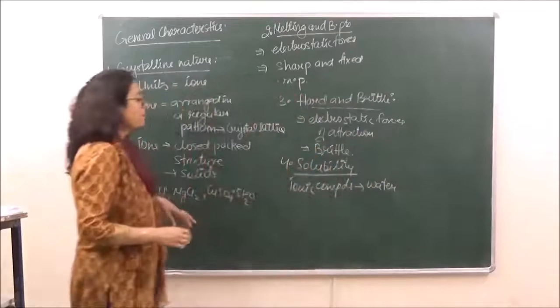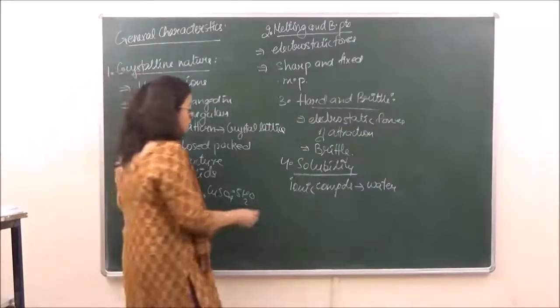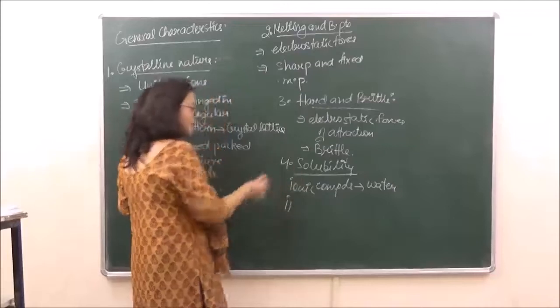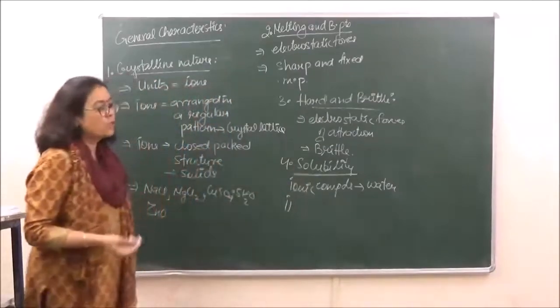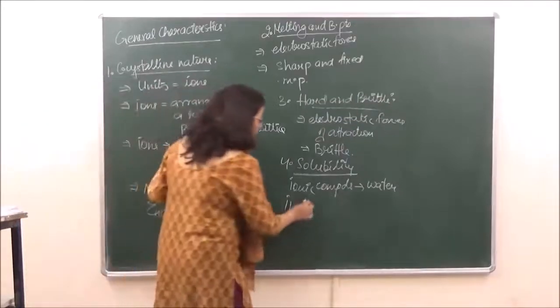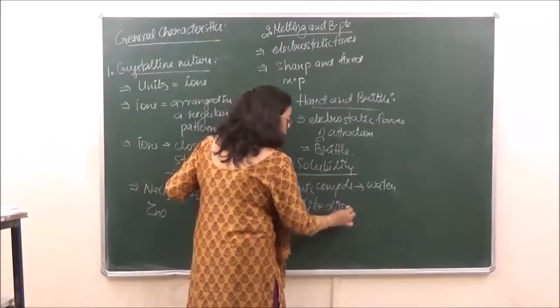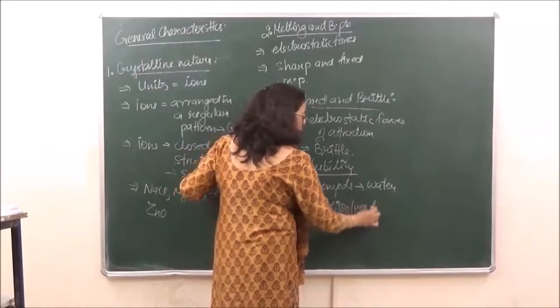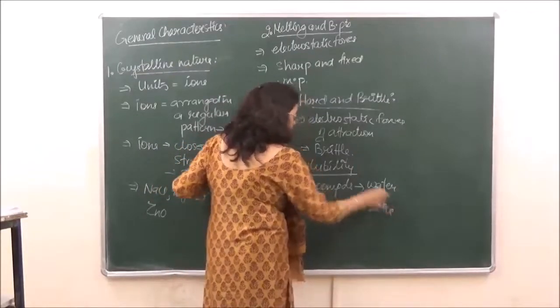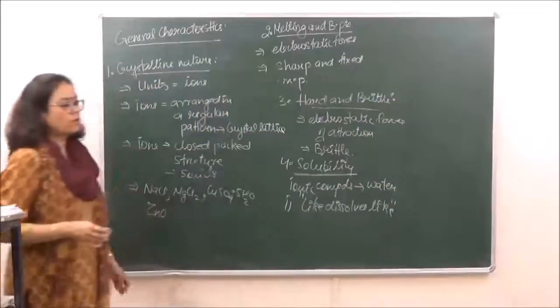There are a few reasons as to why ionic compounds are soluble in water. The first reason is that the ionic compound is polar in nature, so is water. Water is also polar in nature. So we have a principle in chemistry which says like dissolves like. Because of this, the ionic compounds are soluble in water.